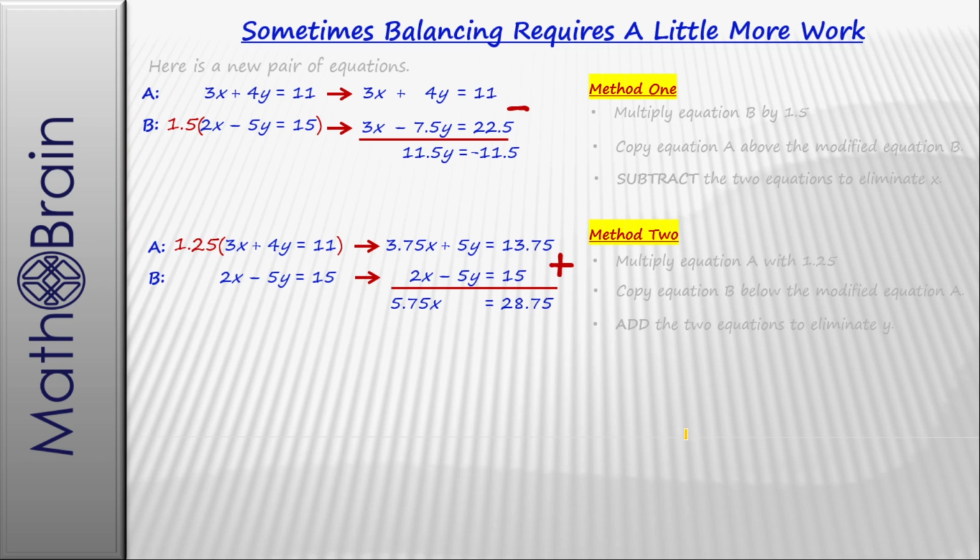If you choose, you could instead divide 4 by 5, to get 0.8. Then multiply equation B with 0.8, and y will be balanced. You could try this later on your own, to get additional practice. We leave you now to complete the solution. Check the correct answer at the end of the video.